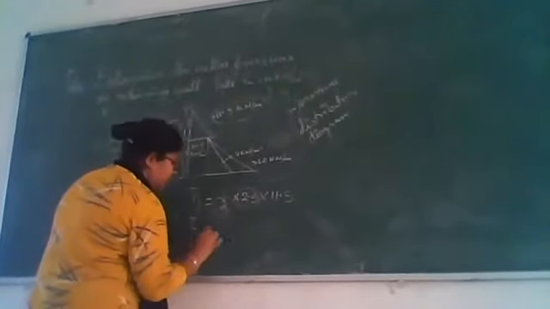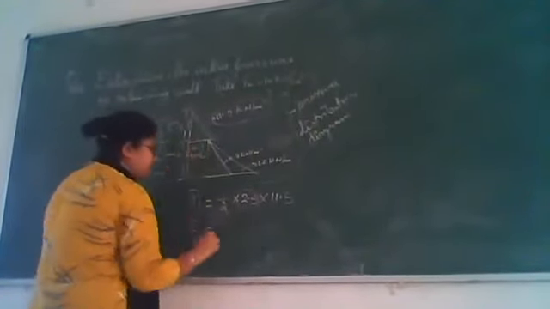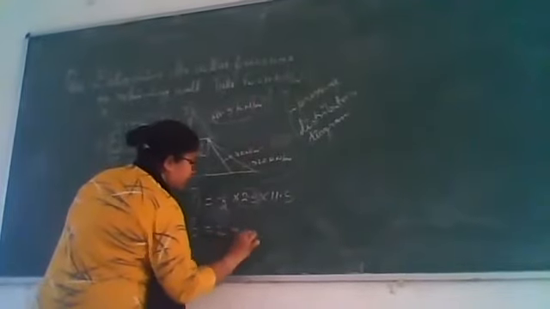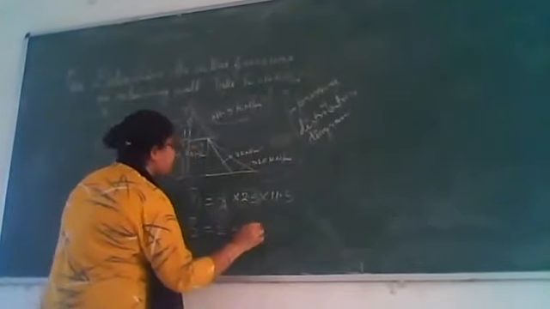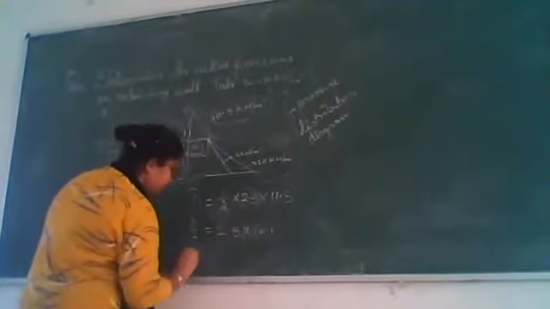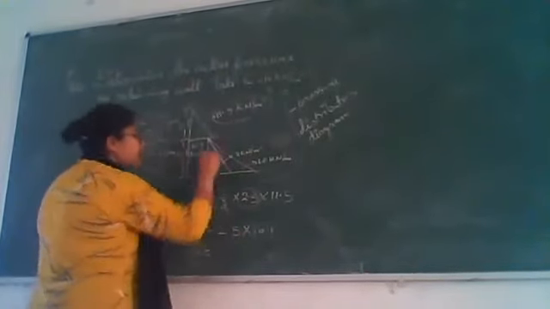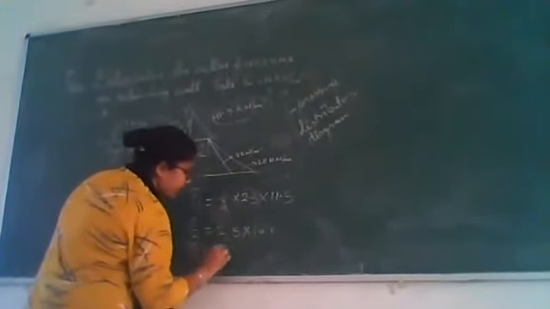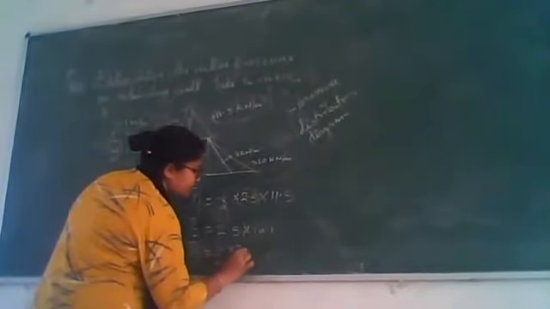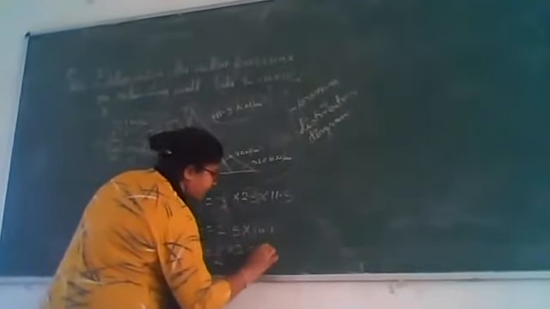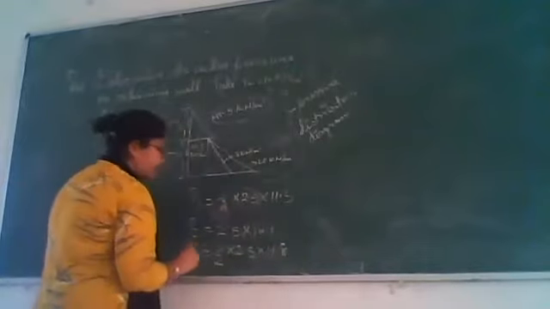Next, for P2, this is a rectangle, so my P2 is 2.5 multiplied by 10.1. For P3, this is again a triangle, so the value is 1 by 2 multiplied by 2.5 multiplied by 4.8.